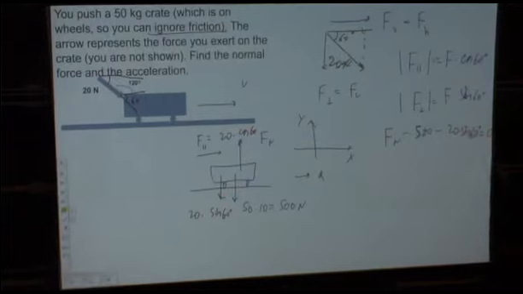Which immediately answers the question about the normal force. Now, for the acceleration we use x components, everything which is parallel to the acceleration. So what we have is 20 times cosine of 60 has to be equal to m, which is 50, times a, which is the acceleration we were looking for. Done. Solved.